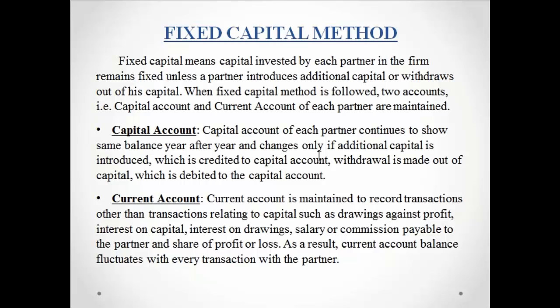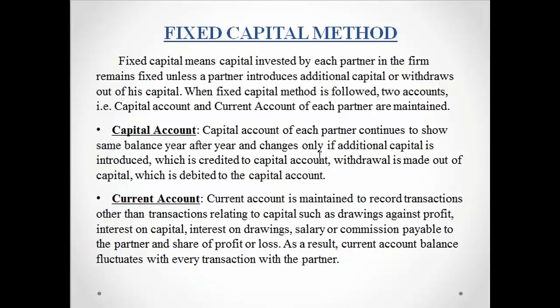Now you have to think why we have to prepare a partner's capital account. If the capitals are fixed, you have to prepare a partner's capital account to record only the transactions which are connected with capital. A small point for you: which are the various examples of transactions related with capital only?